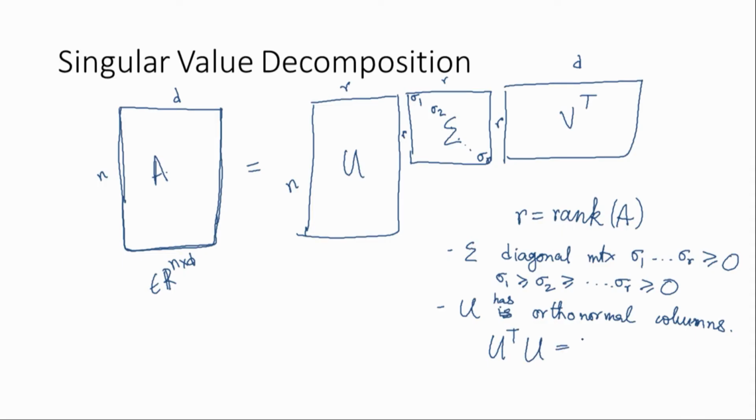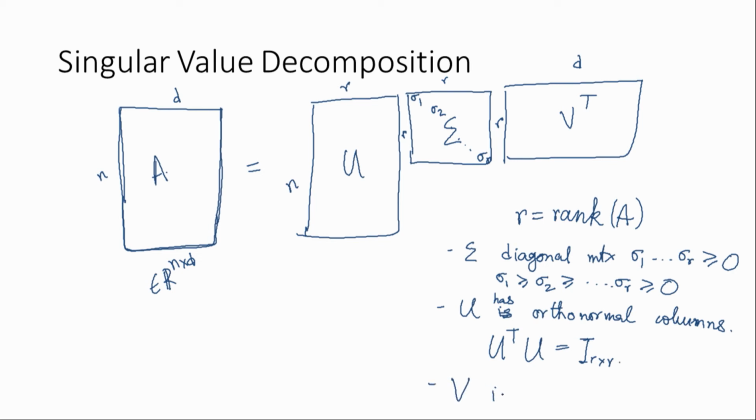The magnitude of the L2 norm of every column is 1. And any two columns are orthogonal to each other, which means that U transpose U is actually the identity. That's an easy way of writing this.